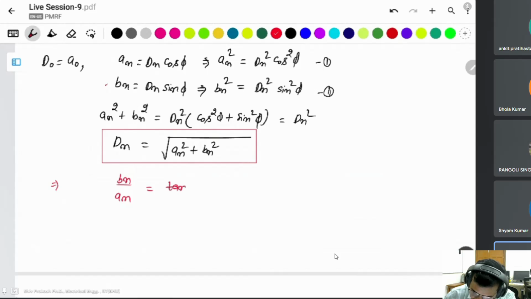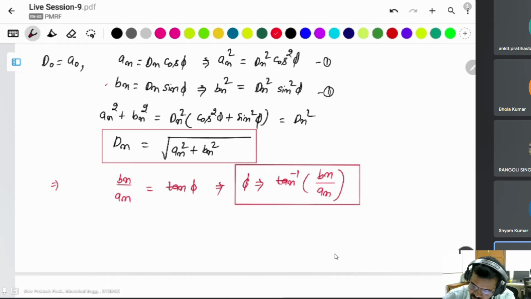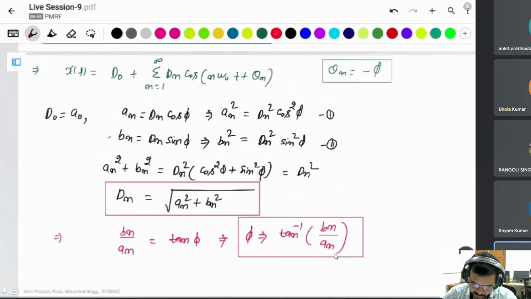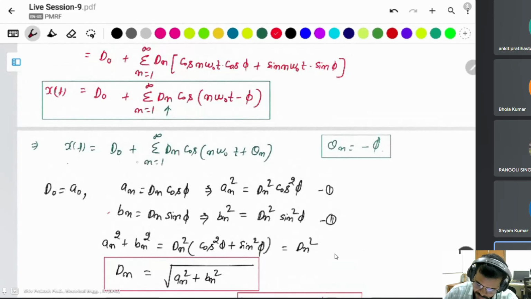Tan phi, so phi is equal to tan inverse of bn divided by an. This is the simple polar form representation of the Fourier series, where x of t is equal to d naught plus summation of n equal to 1 to infinity dn cos of n omega naught t plus theta n.